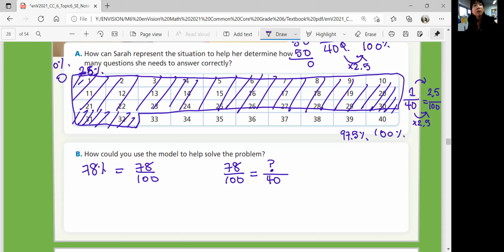So then in order to figure out this question mark, let's say that's X. Okay, that's gonna be our X. And so X is going to be, you multiply 40 on both sides, you get X is equal to 40 times 78 over 100.